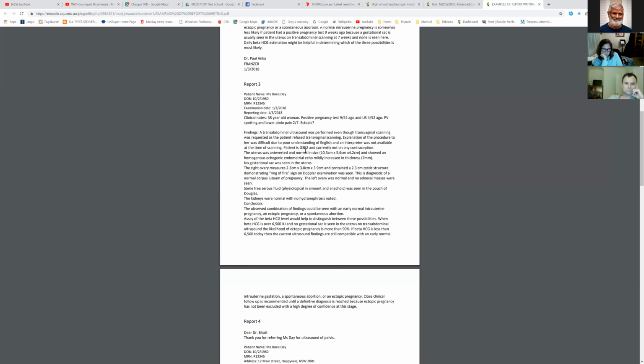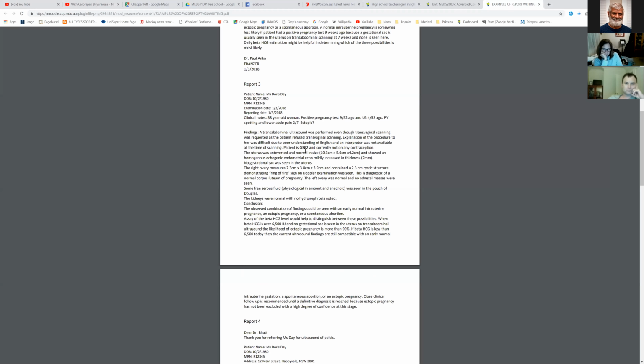Conclusions, a bit more elaborate. The observed combination of findings could be seen with an early normal intrauterine pregnancy, an ectopic pregnancy, or a spontaneous abortion. After that, it says that beta HCG levels would help to distinguish between these possibilities.